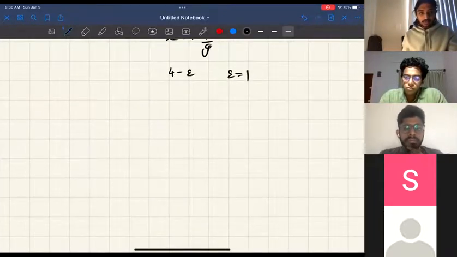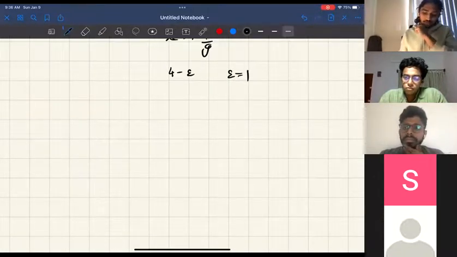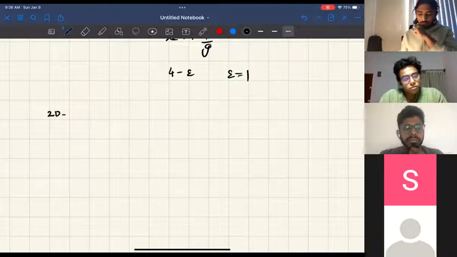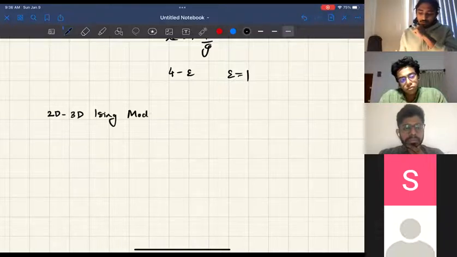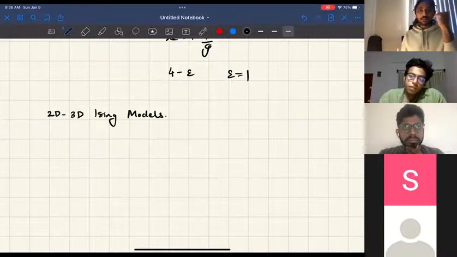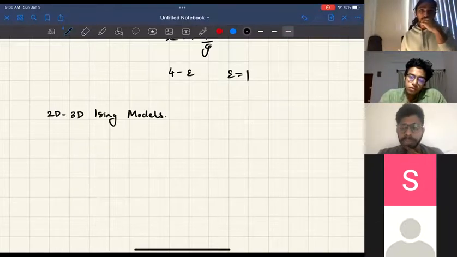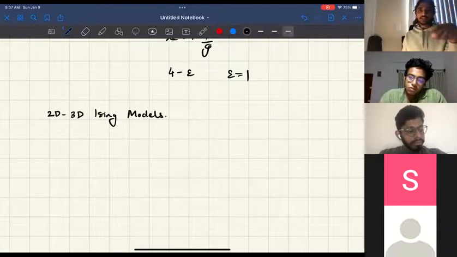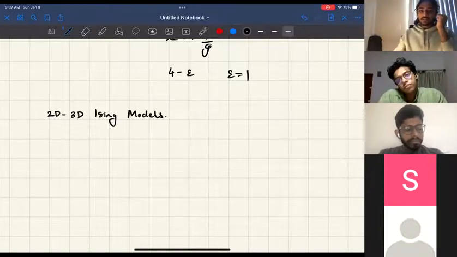I don't know if we've talked about this in previous Talking Physics podcasts, but 2D and even probably 3D Ising models, where you basically have a many body system, you put it on a lattice, and each site has a spin. If you're considering magnetic properties, you have spins, and then you have a Hamiltonian and a partition function, all of that dependent on the spin.